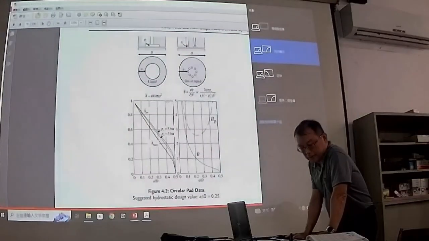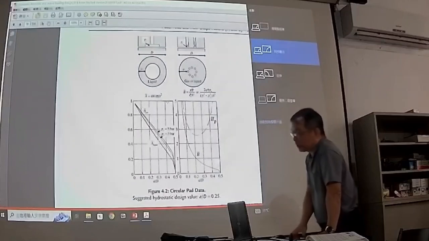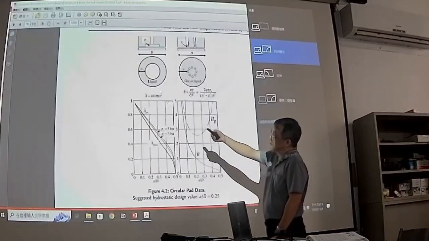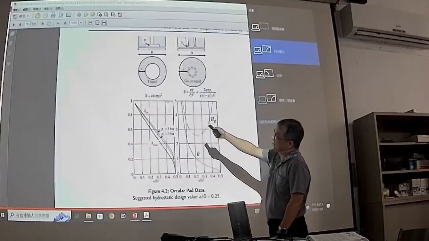This is the comparison table for that. This is the design chart for the circular bearing that has a recess in the center.